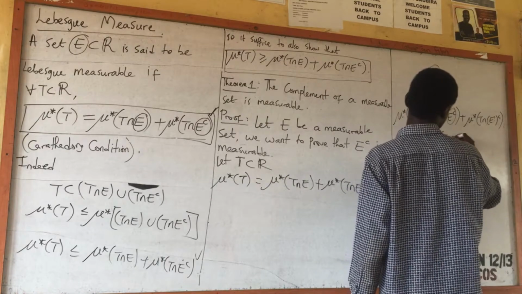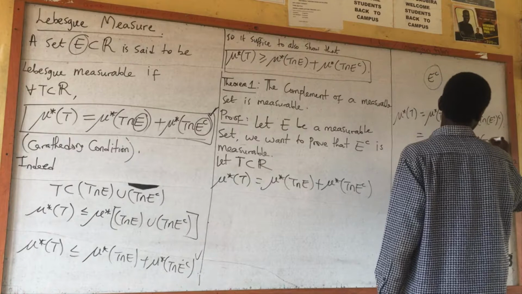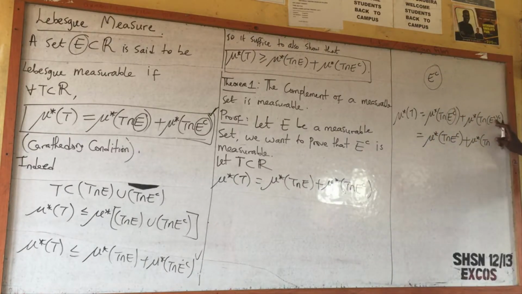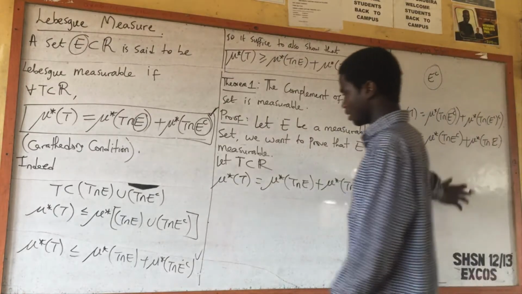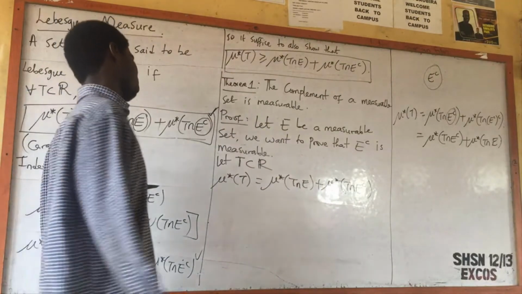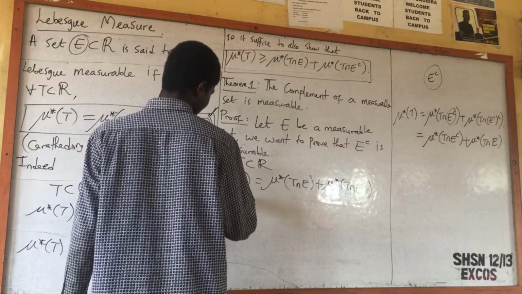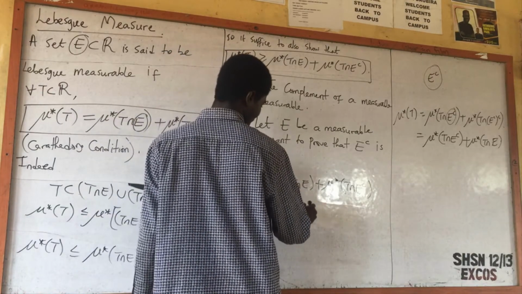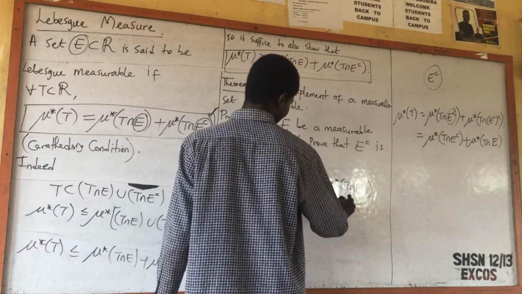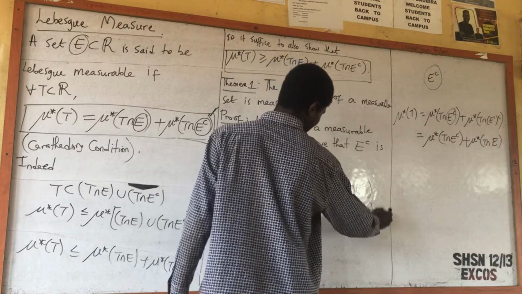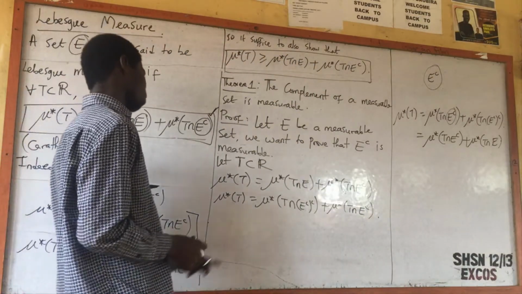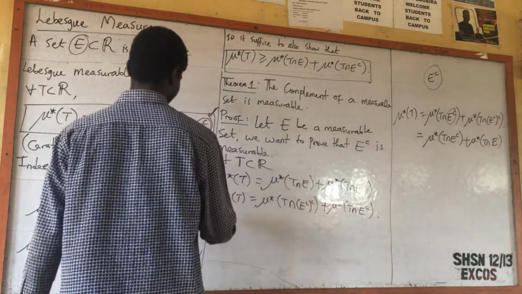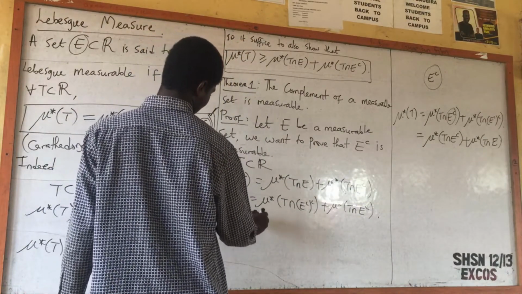So I will have the outer measure of T equal to the outer measure of T intersection E complement plus the outer measure of T intersection E. By so doing, it is already obvious that E complement is measurable. Therefore, E complement is measurable.